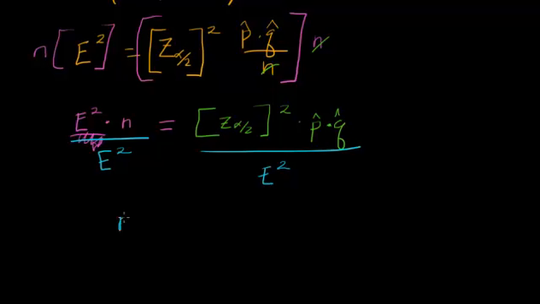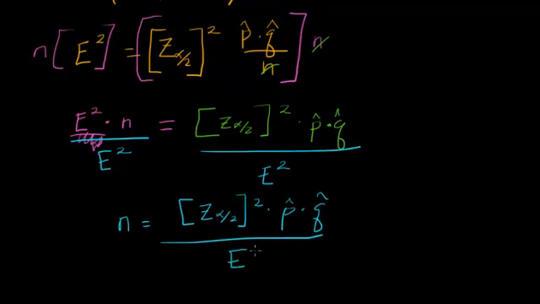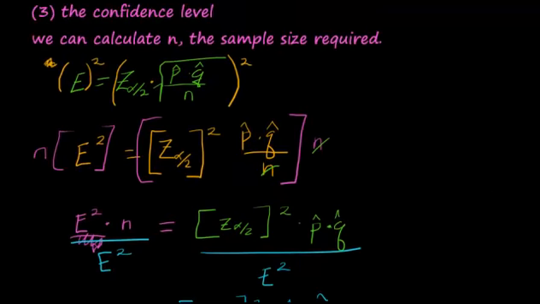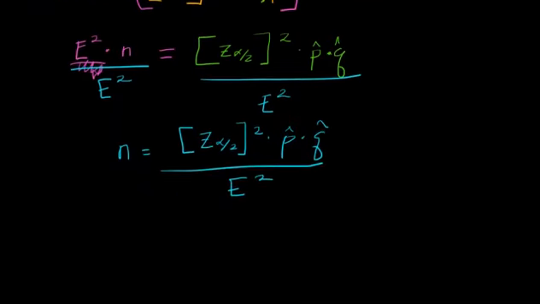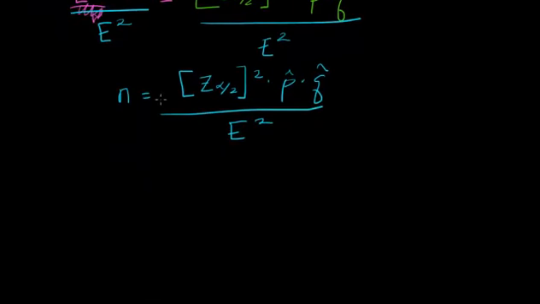So n is equal to my critical value squared times p hat times q hat all over the margin of error squared. So it's not a new formula, it's the same formula. We've just rearranged it to solve for n, because this is what we're looking for now.